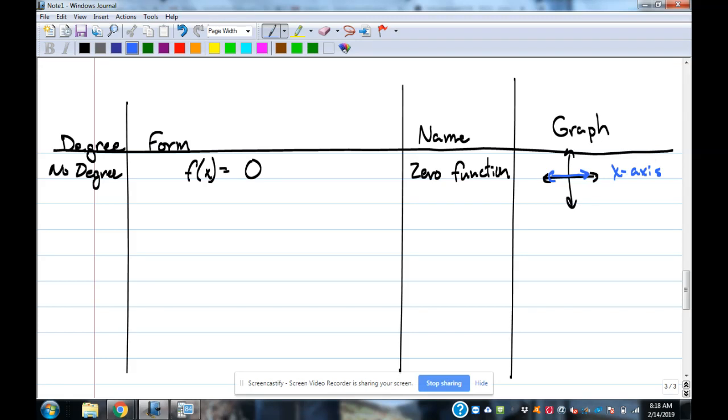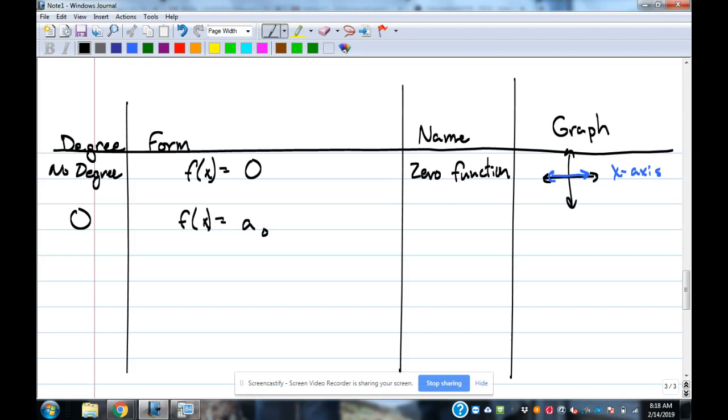That is slightly different than a polynomial of 0 degree that looks like this. F of x is equal to a sub 0. Remember when we did the standard form at the beginning, the a sub n's, they're just real numbers. So this is any other number other than 0. So it could be -6.